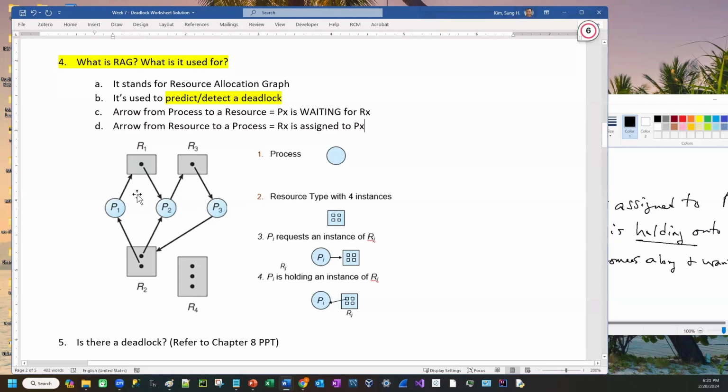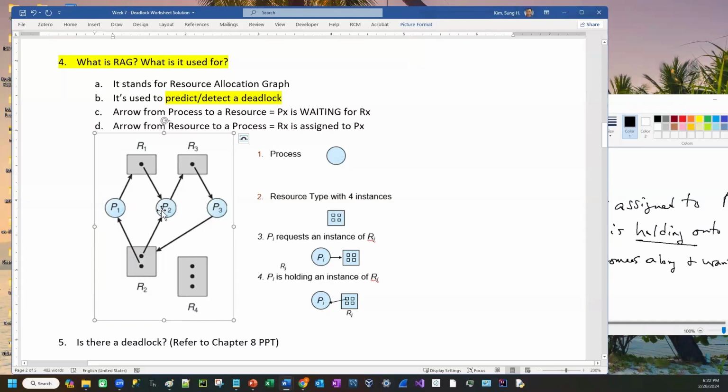Okay, so looking at this RAG, what this means here, P1 is waiting for that resource 1 to become available. Why? Because this resource 1 is assigned to P2. Okay, so that's how you read them.